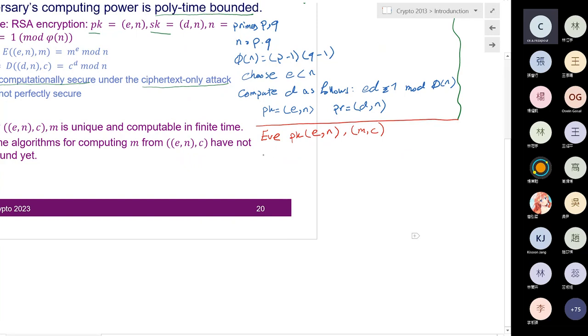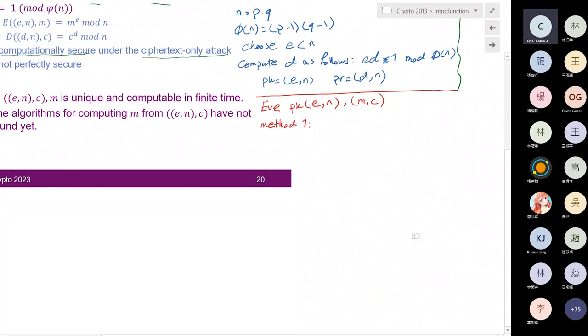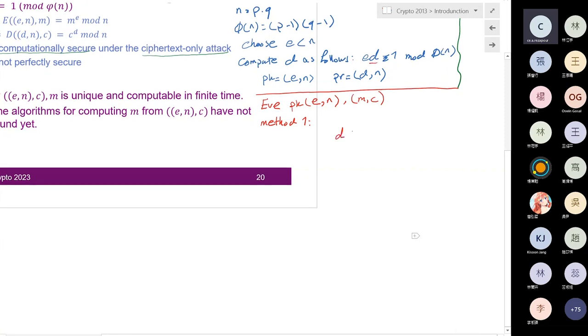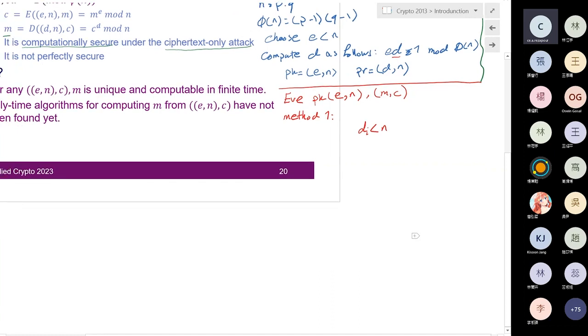So the first method that she can try, let's call this method number 1, is that she can try many different private keys, because she knows that this D that we generated over here is some integer less than n. So let me call this one Di. Nothing can stop her from trying different private keys.